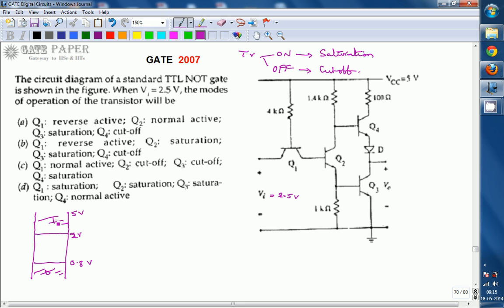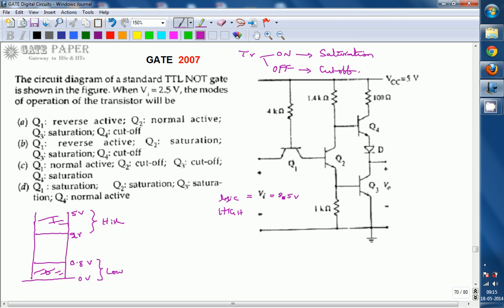Logic 0 is from 0 volts to 0.8 volts. This is the low level, and 2 to 5 volts is the high level. So Vi is equal to 2.5, and 2.5 is greater than 2 volts, so what you are applying is logic high.